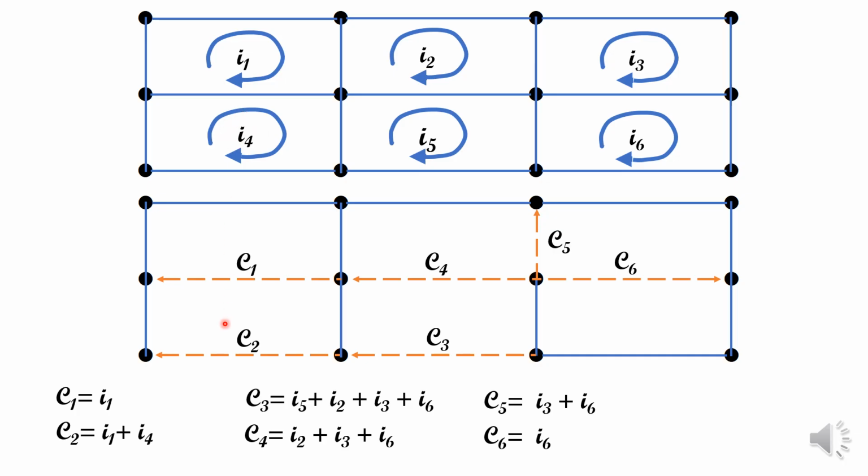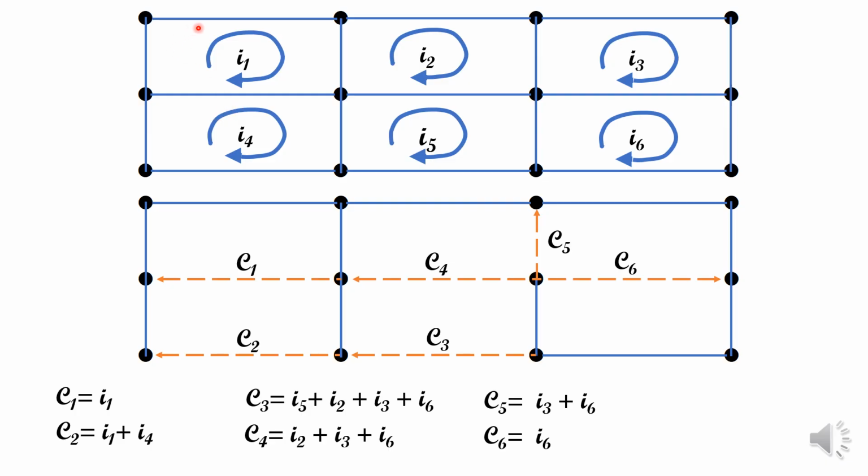What I'm saying is that if I have, let's say, a flow of x units around this cycle C2, it's the same as a flow of x units around this loop and also x units around this loop. Why is that?